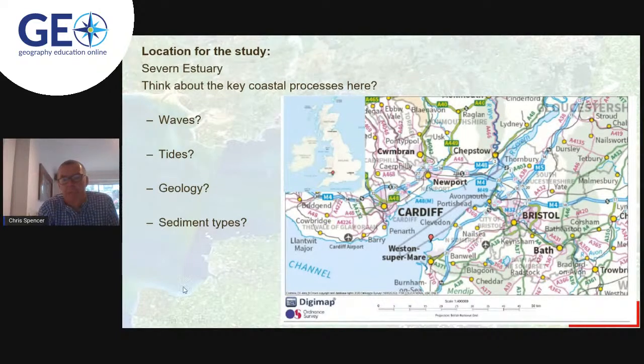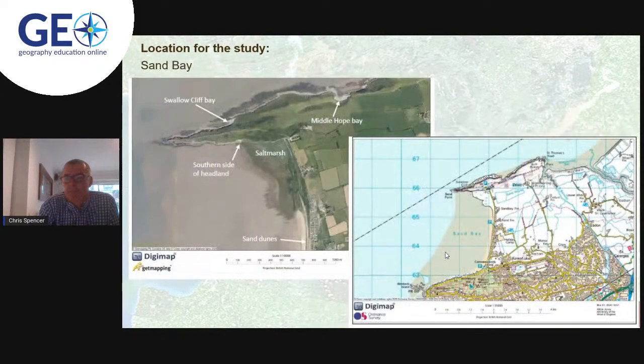So we're going to be exploring this site, as I say, just north of Weston-super-Mare within the wider Severn Estuary. To look at it in a little more detail, this urban area towards the south of this Digimap image is the northern edge of Weston-super-Mare, and Sand Bay is this relatively wide open bay immediately north of Weston-super-Mare.